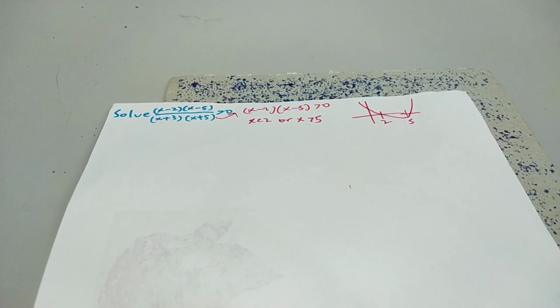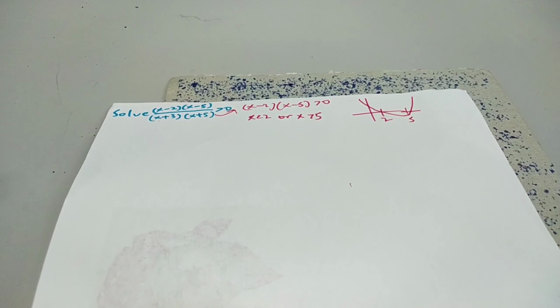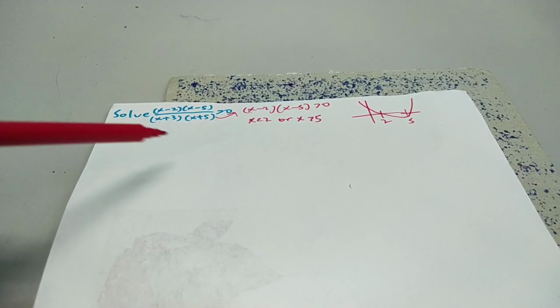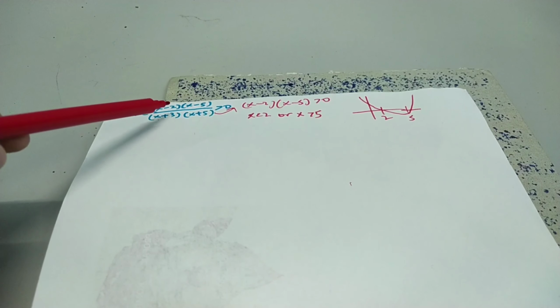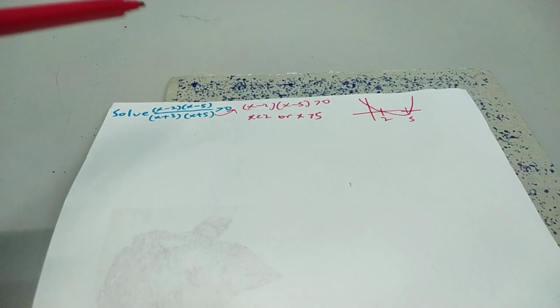It depends what kind of value of x you substitute, because sometimes you can get positive, sometimes you can get negative. So we cannot just simply multiply or divide. We have to make sure that this is positive or negative at all times.